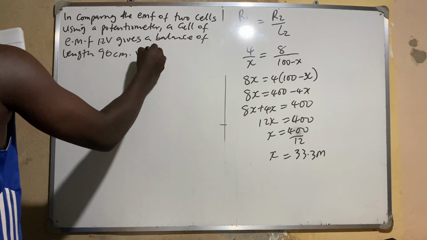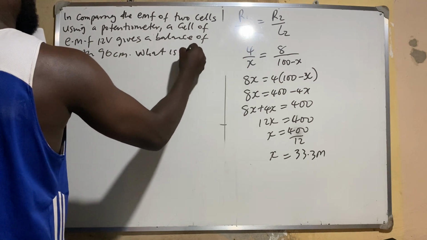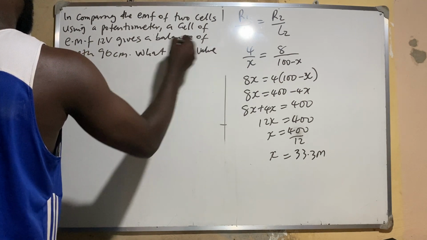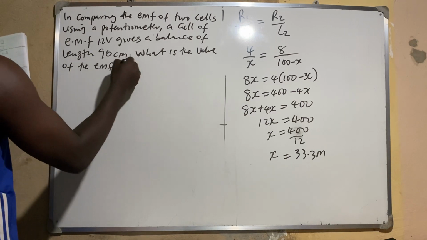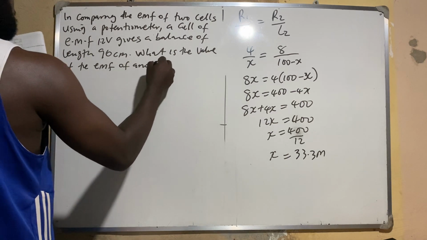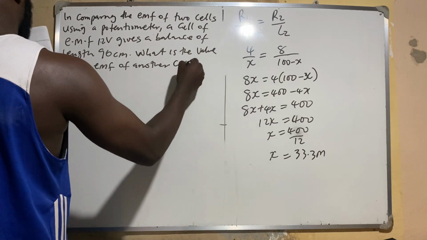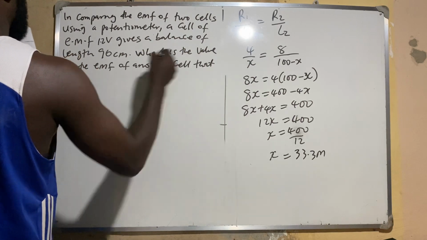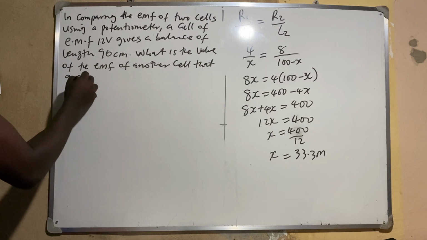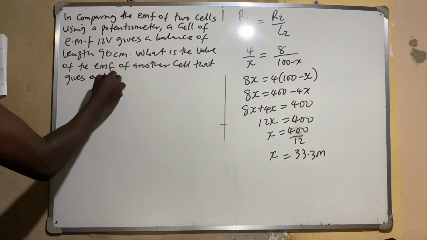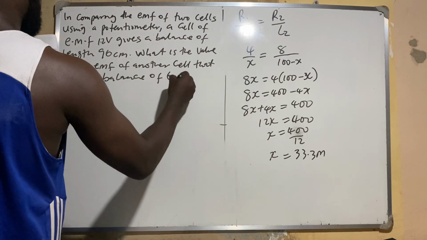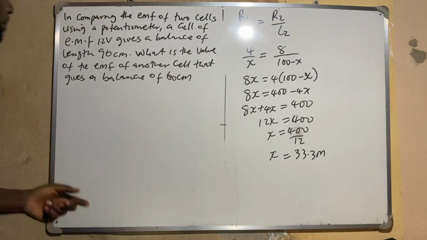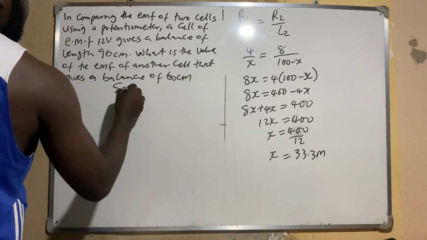Then I say, what is the value of the EMF of another cell that gives a balance of 60 cm? Okay, solution.